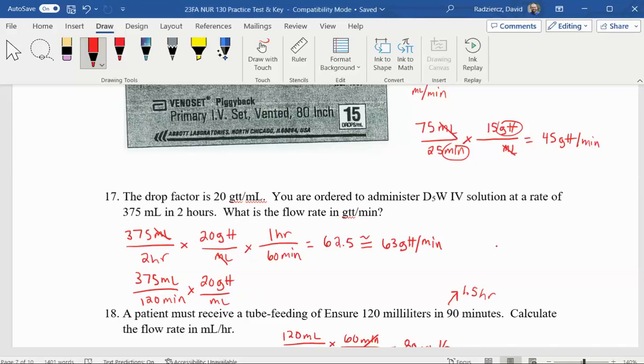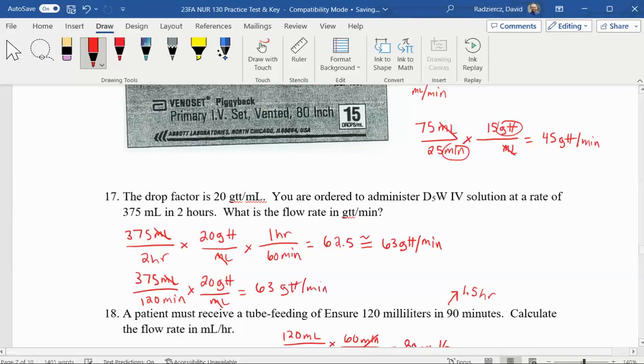So you might need to do some converting. So sometimes it just makes sense to convert, just dividing by 60 once you get to that point. But this is just an alternative way. So when you do this, you're already in drops per minute, and you're going to get the same thing, rounded, 63 drops per minute.